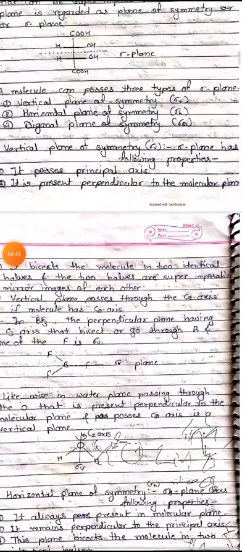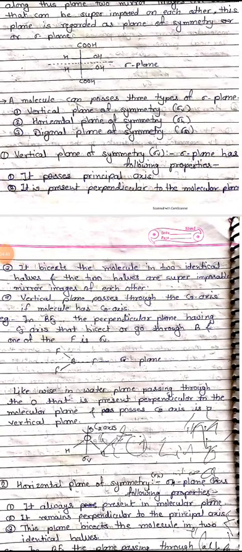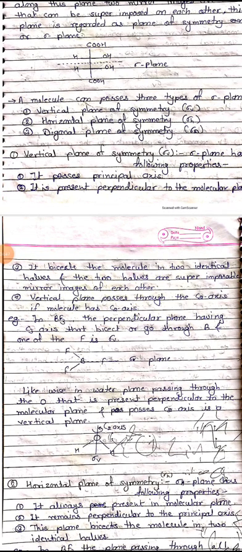Sigma plane, it possesses the principal axis. Vertical plane of symmetry: which plane will be termed a vertical plane of symmetry? The plane should contain the principal axis. What is the principal axis?